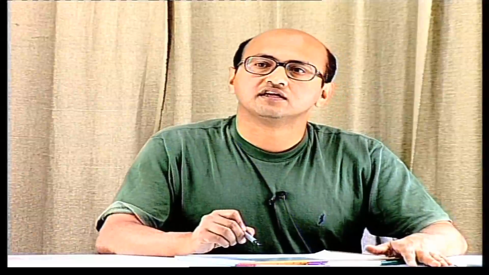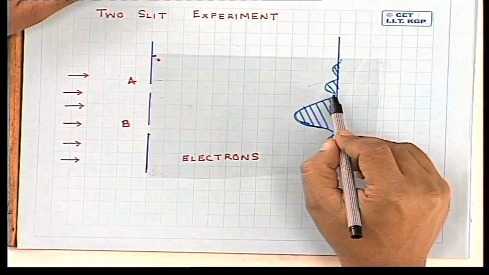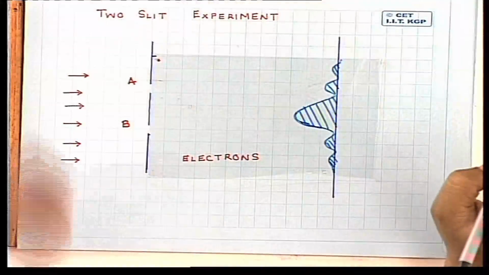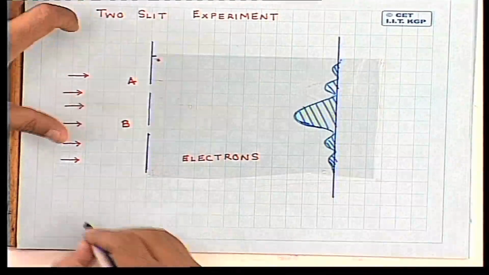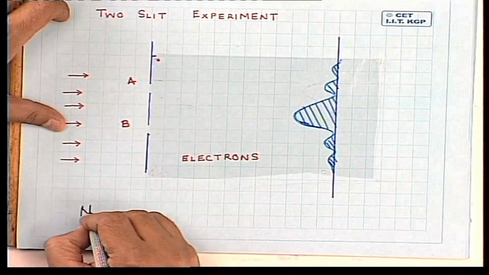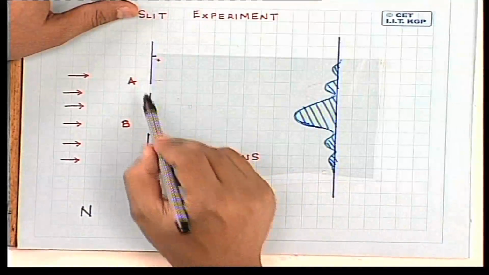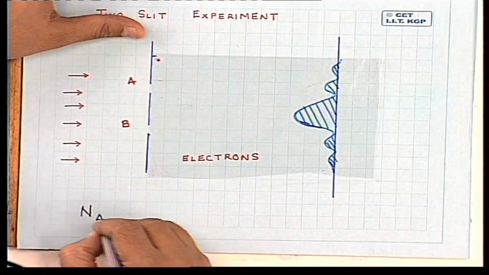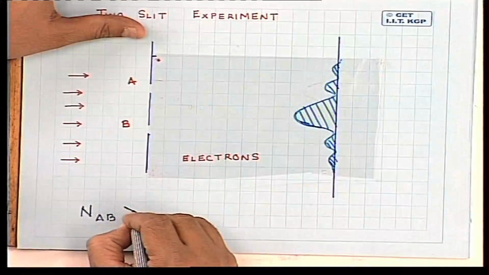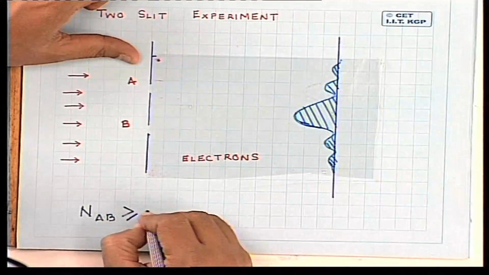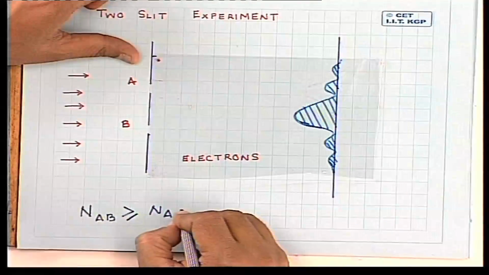Well, the surprising thing is that the total number of electrons which arrive at any point on the screen when both the slits are open, let us say N_AB, should be greater than or equal to N_A plus N_B.